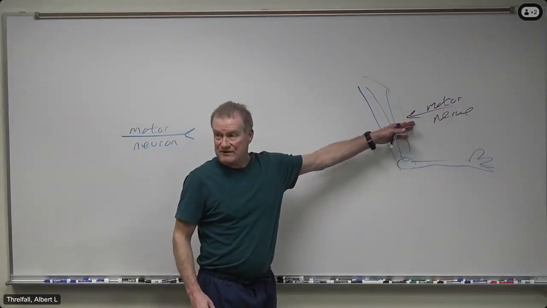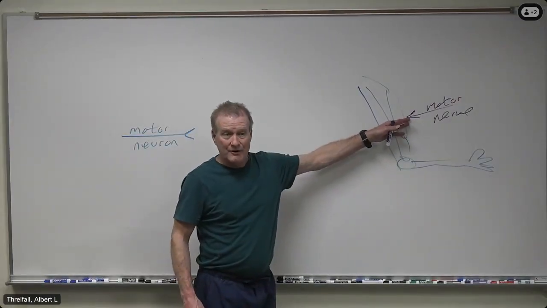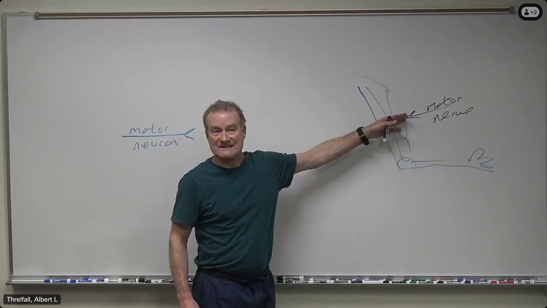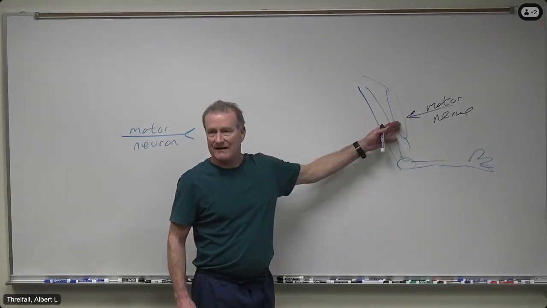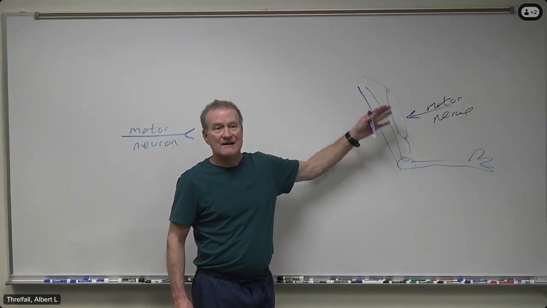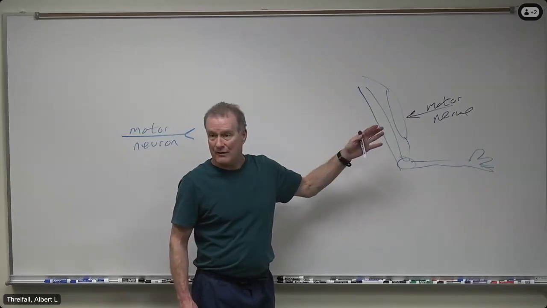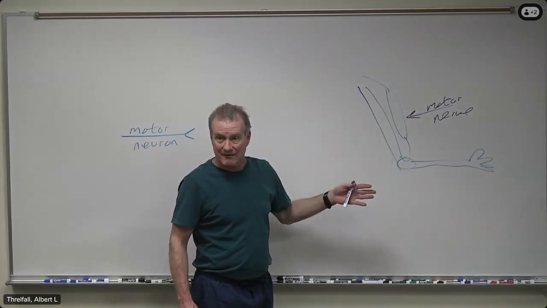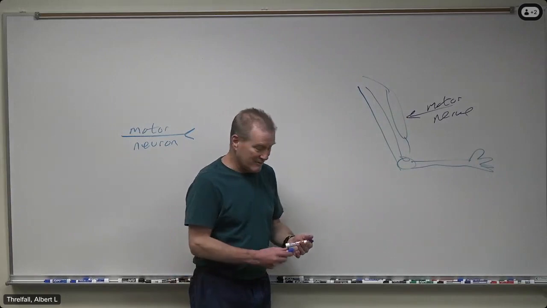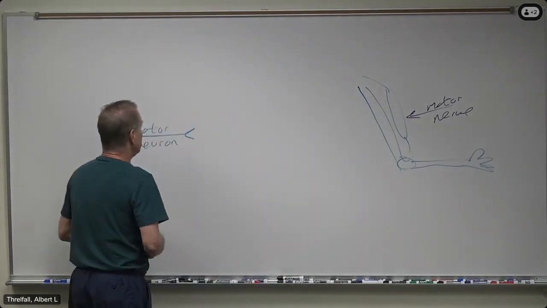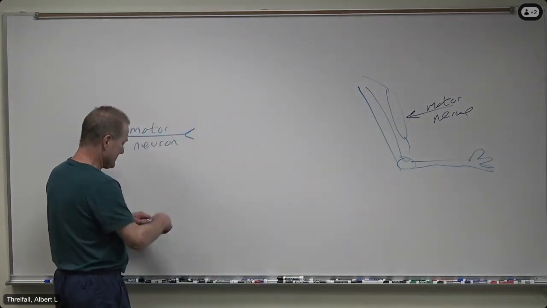That's a gross structure. Remember, the nerve is divided into many nerve cells. The muscle is divided into many muscle cells. A single nerve cell or neuron innervates a small group of muscle cells or muscle fibers, and we call that a motor unit. So here I'm showing a single neuron.